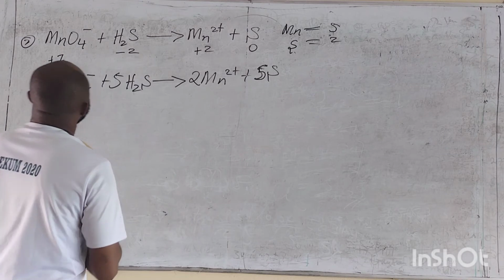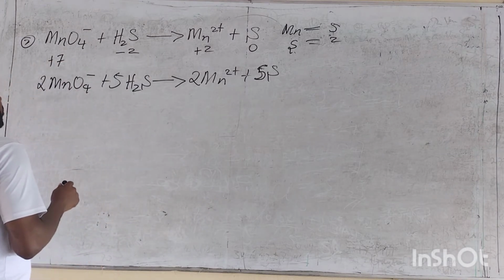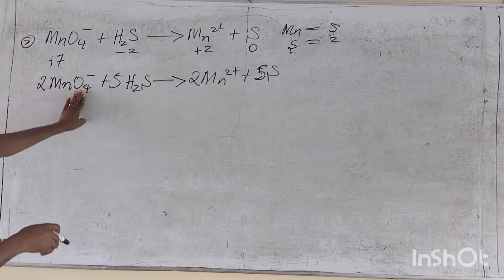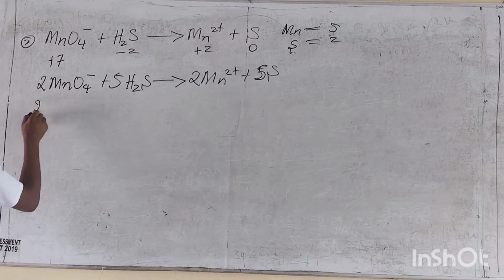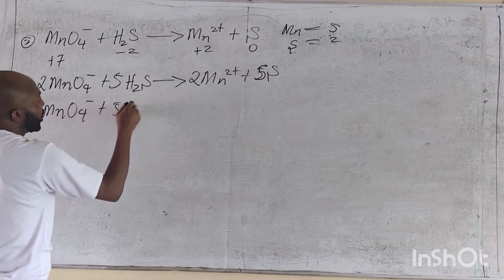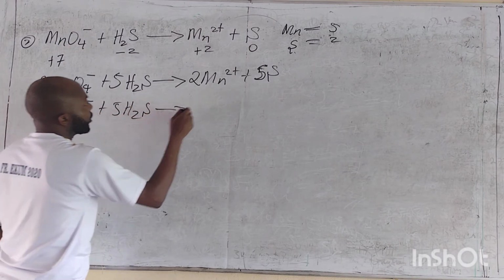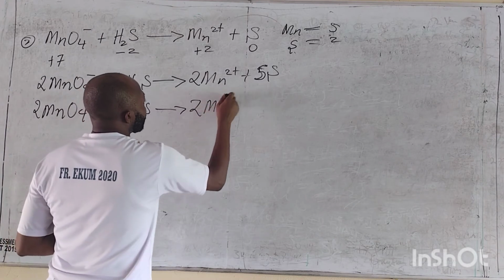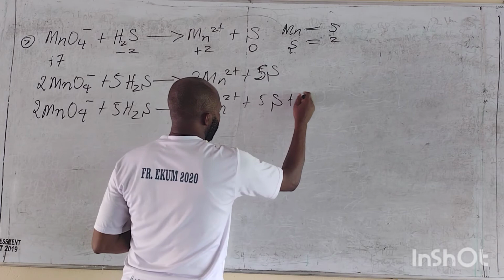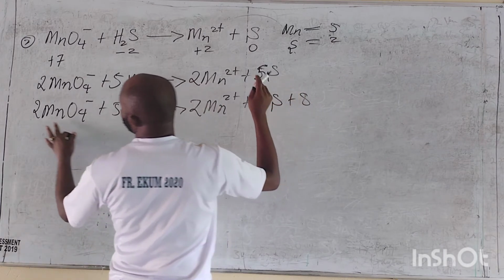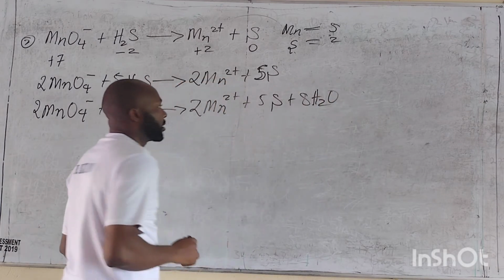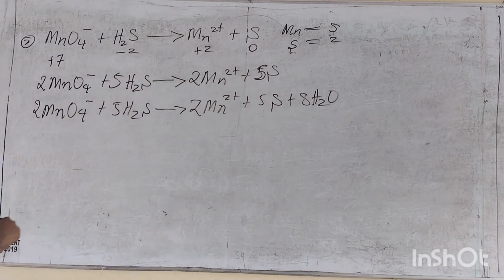Okay, now let's balance for oxygen on the right side of the equation. We have 8 moles of oxygen here. So I have 2 MnO4 minus plus 5 H2S gives us 2 Mn2+ plus 5 sulfur plus 8 H2O. So now I have oxygen 8, but hydrogen now is 16.